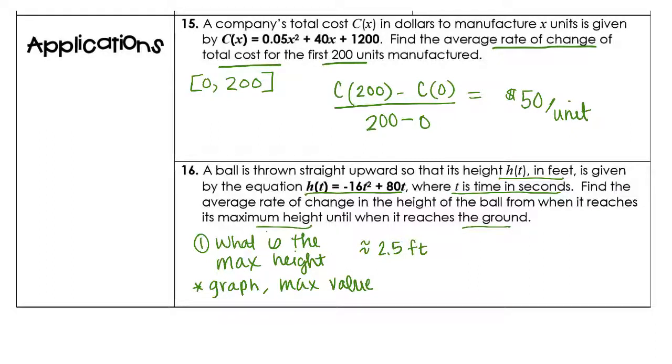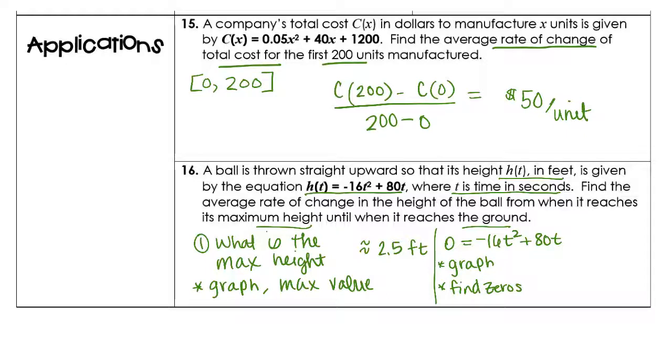And so we've got the max height until it reaches the ground. Well, if it reaches the ground, then the height would have to be 0. So I'm going to have to find that as well. The next thing we have to do is find whenever the ball's on the ground. So that's going to be 0 equals negative 16t squared plus 80t. Let's use that graphing calculator. Graph, and then the next thing we need to do is find zeros of our function.